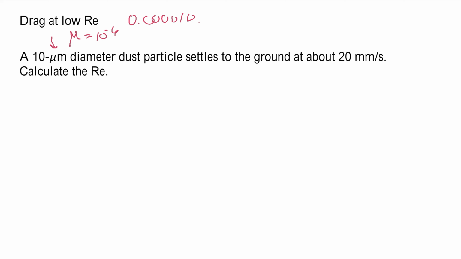Millimeters is 1,000 compared to meters, so I'm going to take 20 and move the decimal 3 places, 1, 2, 3, and now I have meters per second.